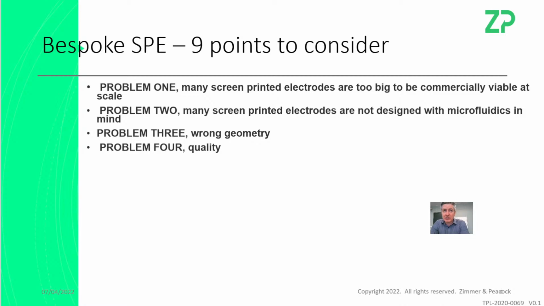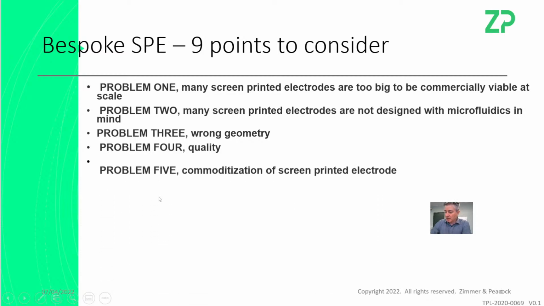So people get very disappointed with custom screen printing because they look nice, but when they test them, they're like, oh, they're very variable, or there's some odd peaks in my voltammogram that I wasn't expecting. They're really disappointed with the quality, because customization means low volume manufacturing, and low volume and low cost, which is what they tried to go for, means low quality.